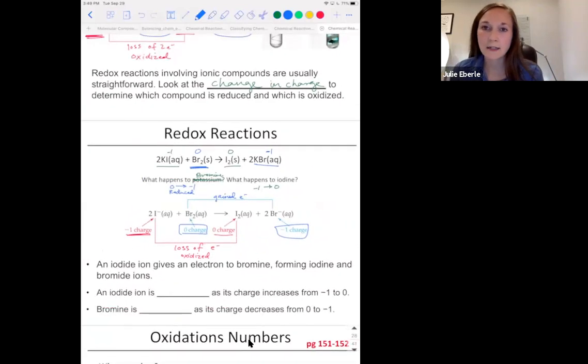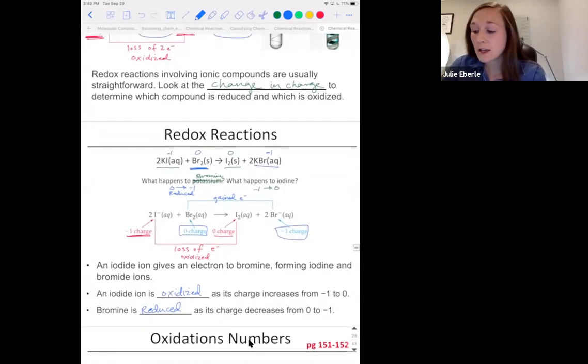An iodide ion is going to give an electron. Bromine's going to pick that electron up. So an iodide ion is oxidized as its charge increases from -1 to 0, and bromine is reduced as its charge decreases from 0 to -1. Okay?